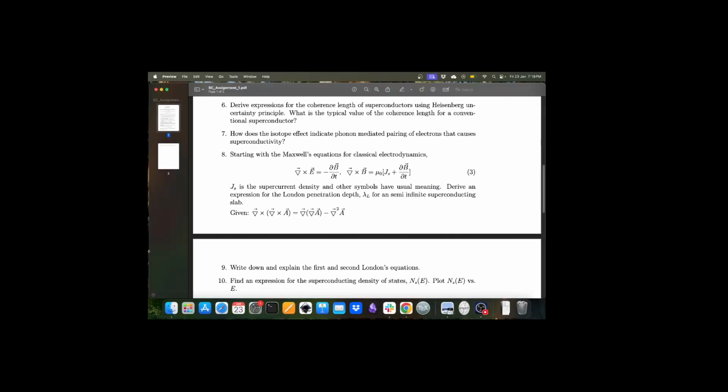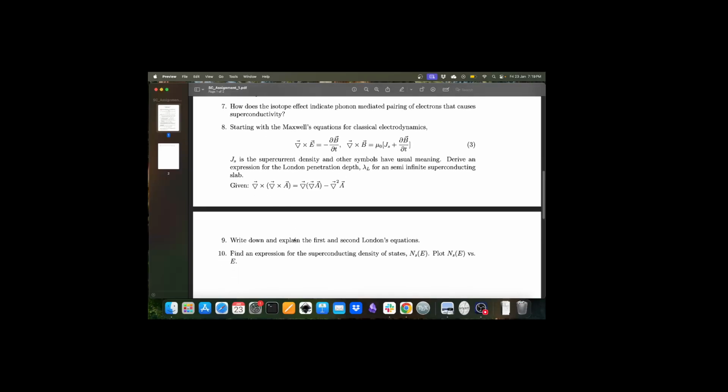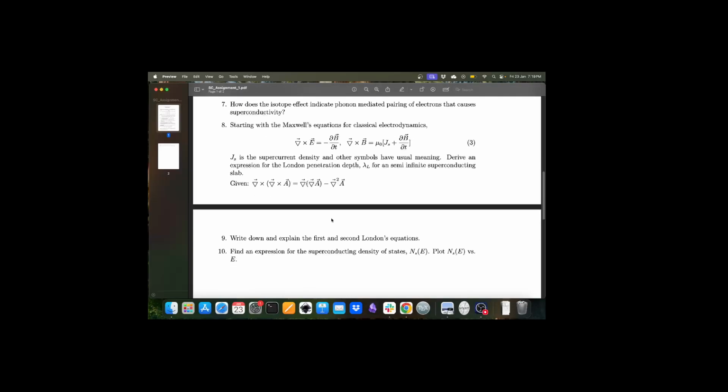Okay, so that was the question, and then: how does the isotope effect indicate phonon mediated pairing of electrons that causes superconductivity?